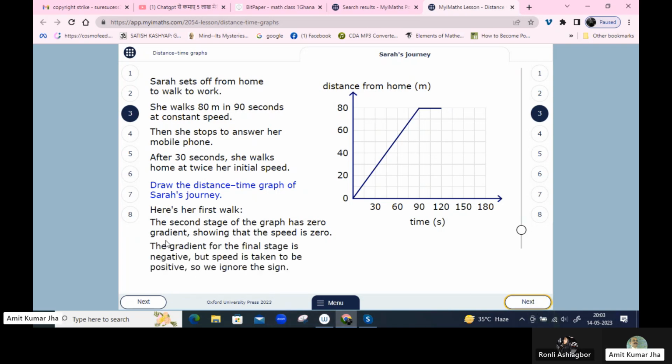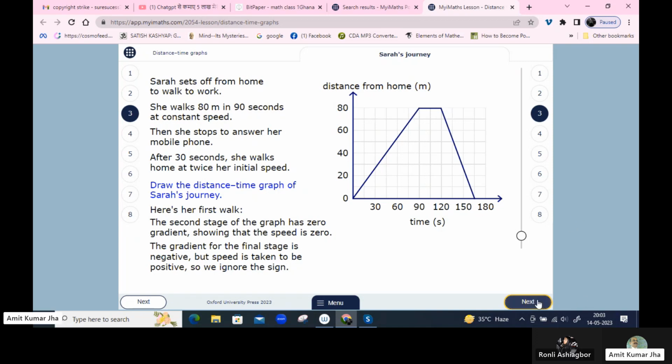The second stage of the graph has zero gradient, and the gradient for the final stage is negative. From here she will start coming back. Now she has come back to her place in half the time, that is 45 seconds.